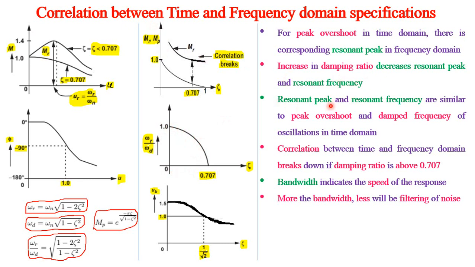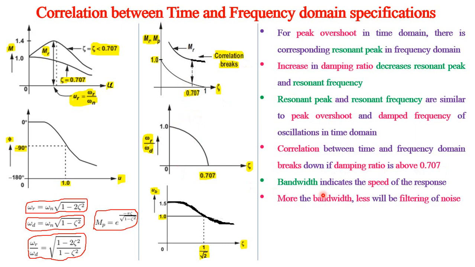So resonant peak is analogous to, identical to peak overshoot, and resonant frequency is analogous to, or identical to, damped frequency. That is what is shown here. Resonant peak, peak overshoot, resonant frequency, damped frequency of oscillations in time domain. So that is what is shown in the two graphs. So correlation breaks down if the damping ratio is above 0.707, which I have already explained.